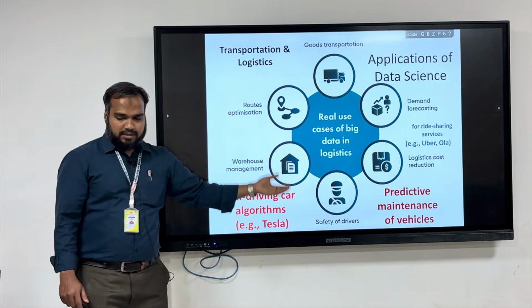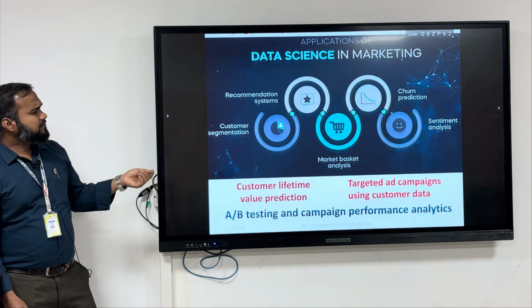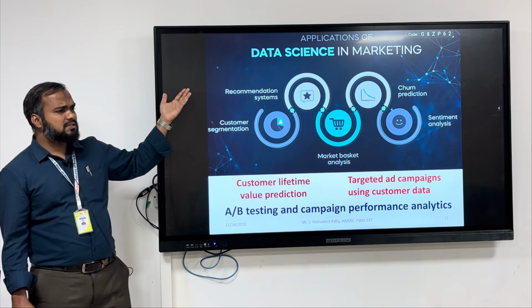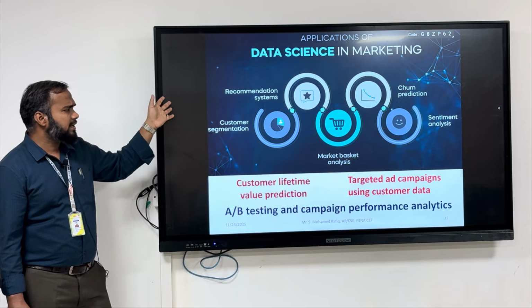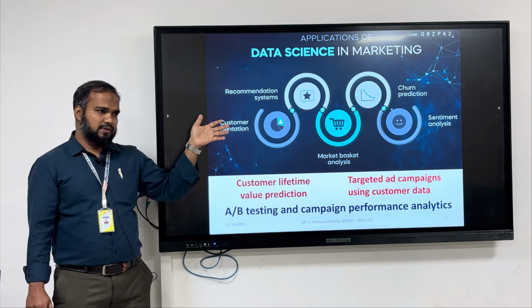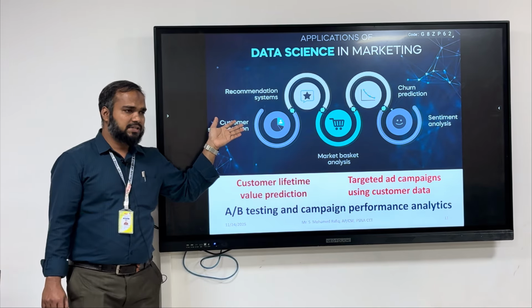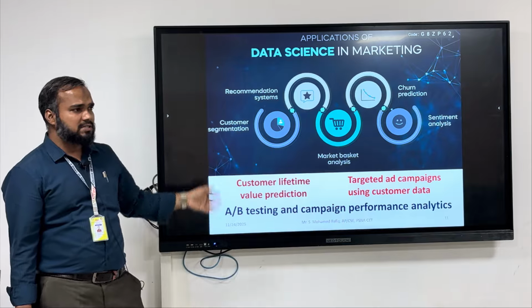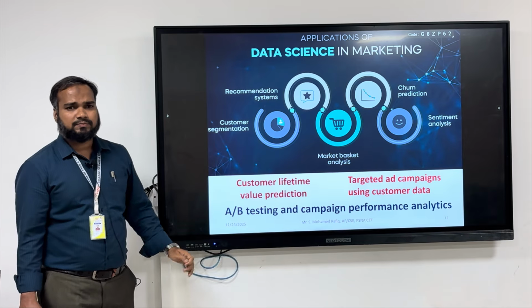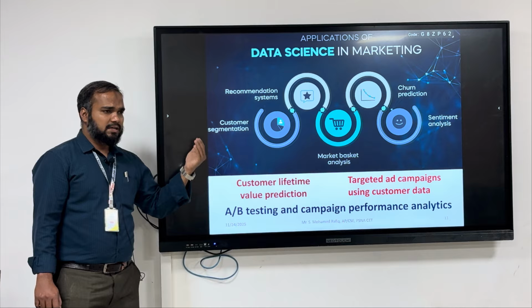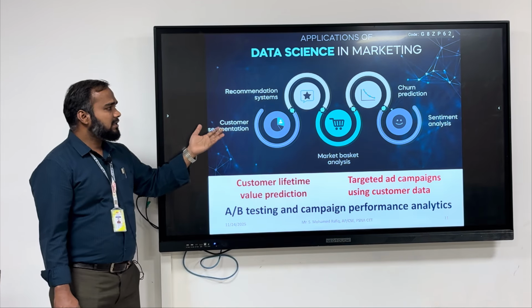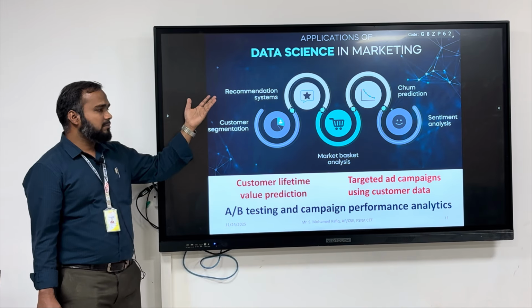Next we are going to see the application of data science in marketing. We have already seen that Amazon, Flipkart, and other applications provide marketing strategies and offers to customers. All of that comes under marketing.